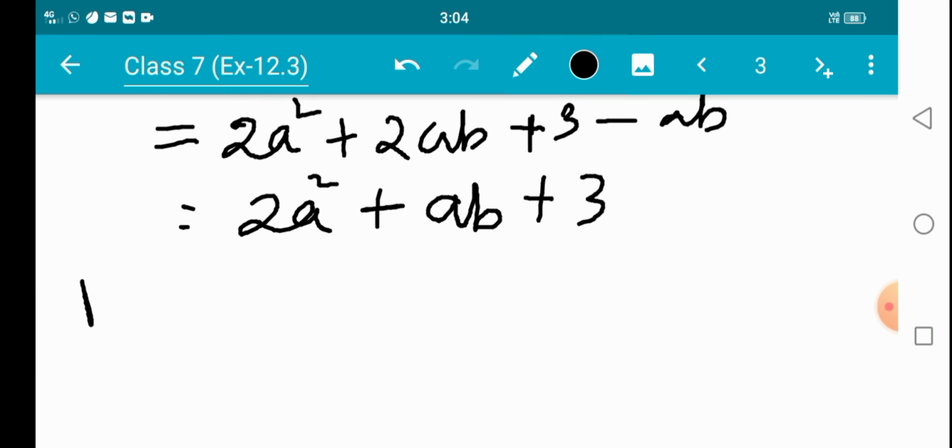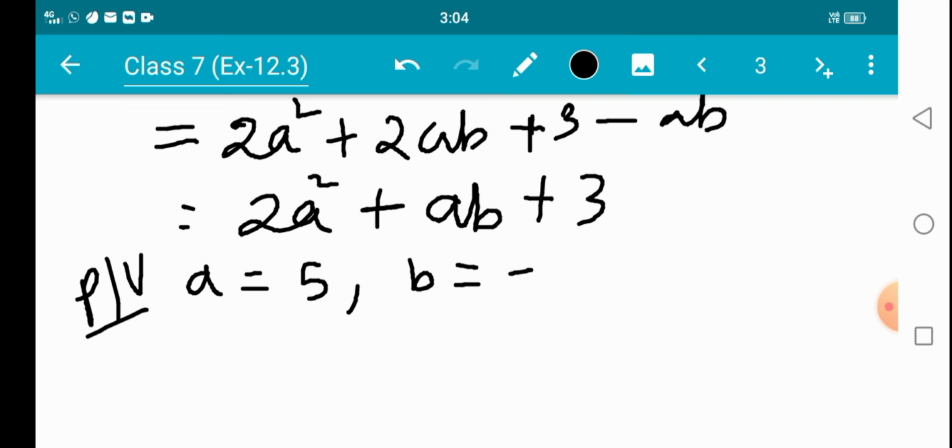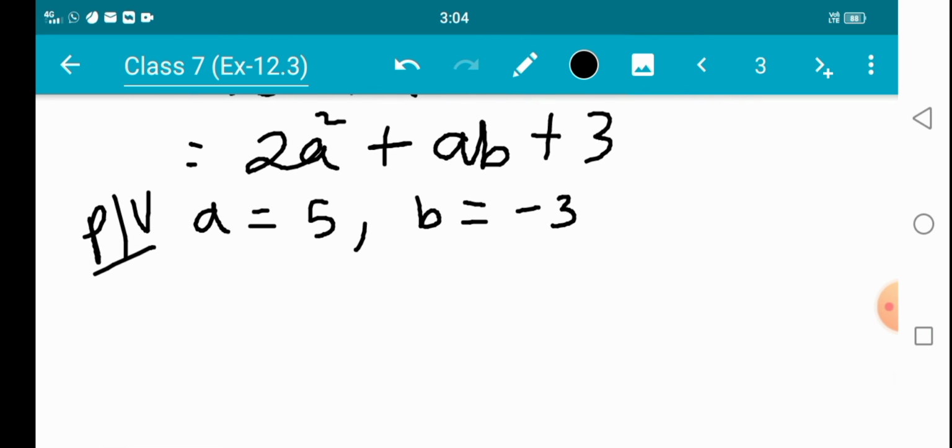So putting value of a and b, a is equal to 5 and b is equal to minus 3. After putting this value, what we will get?